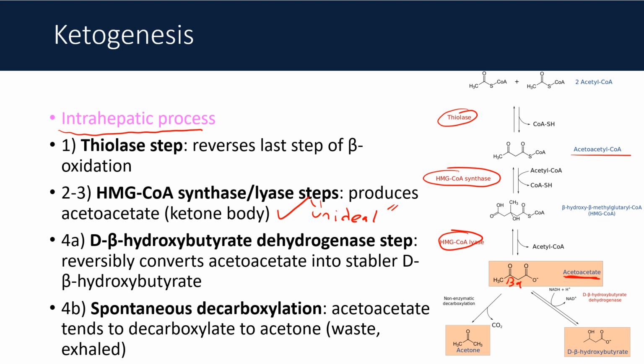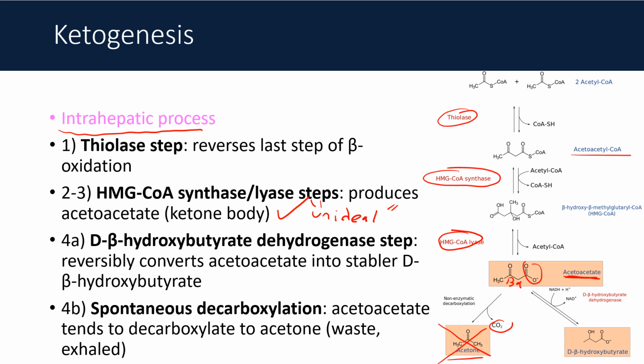This CO2 group is a really good leaving group, and you can and will have that CO2 pop off, just like so, very entropically favored, and you will convert acetoacetate into acetone. The body can't use either of these products, and they end up being wasted and exhaled. They're very volatile. So acetone, it really doesn't count.